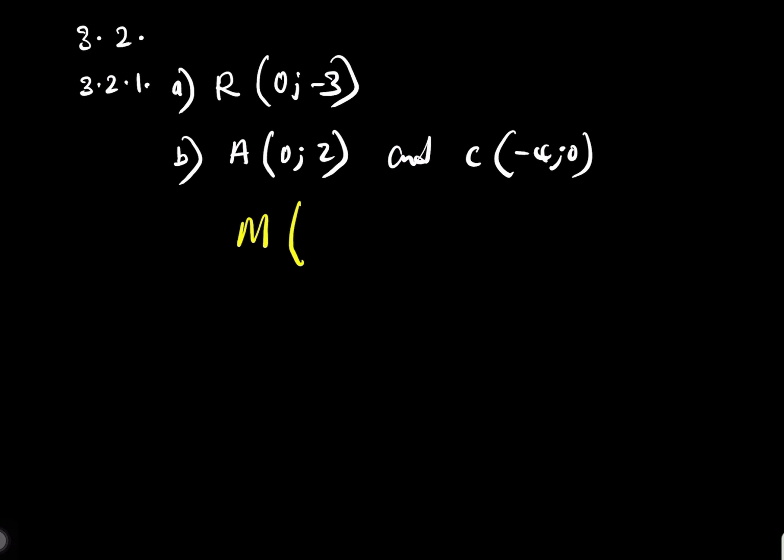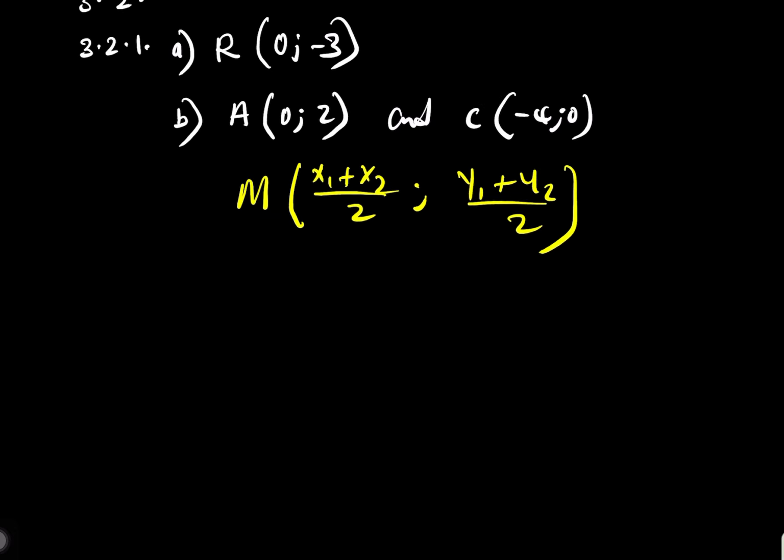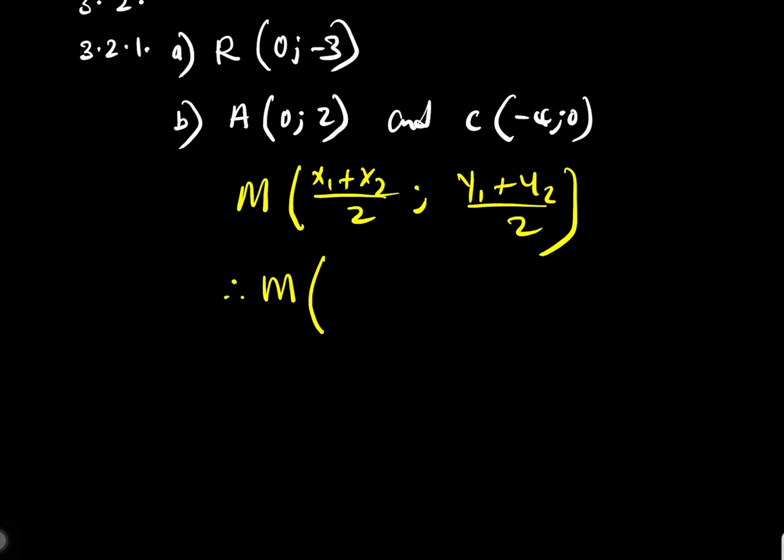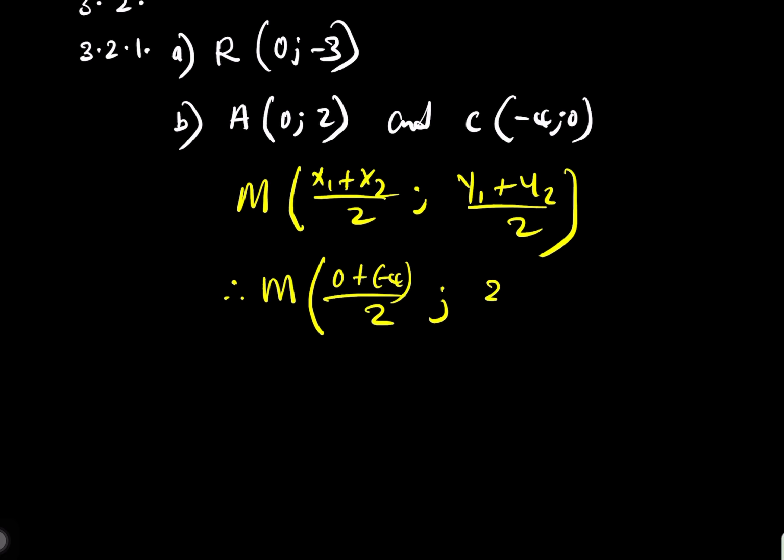So M will be x1 plus x2 over 2, y1 plus y2 over 2. It's a midpoint formula. Now, M is going to be 0 plus -4 divided by 2, and 2 plus 0 divided by 2.